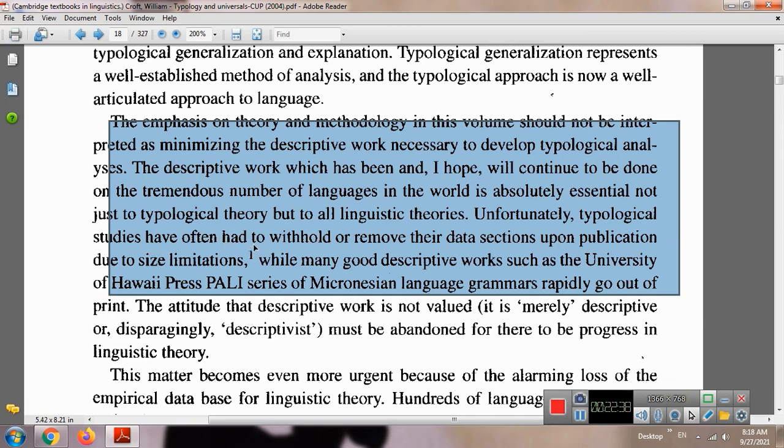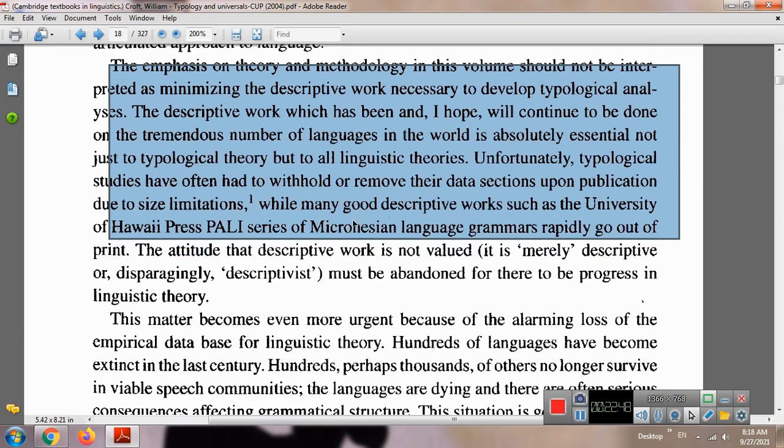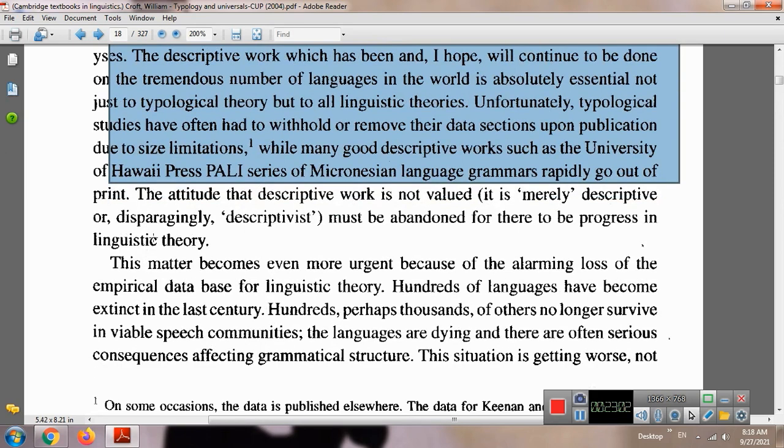Unfortunately, typological studies have often had to withhold or remove their data sections upon publication due to size limitations. While many good descriptive works, such as the University of Hawaii Press series of Micronesian language grammars, rapidly go out of print.